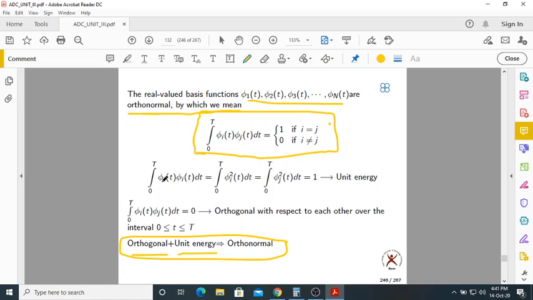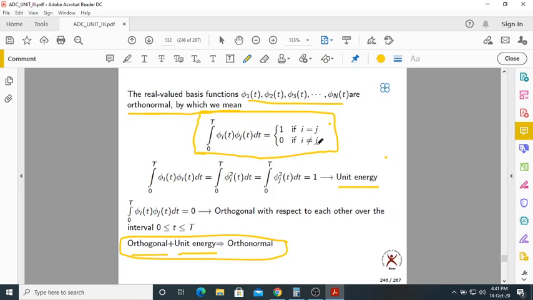Integration 0 to T of phi i of t phi i of t dt equals integration 0 to T of phi i of t whole square dt equals 1. Means what? Unit energy. If i equals j, this integration is equal to 1, and this means it has got unit energy.